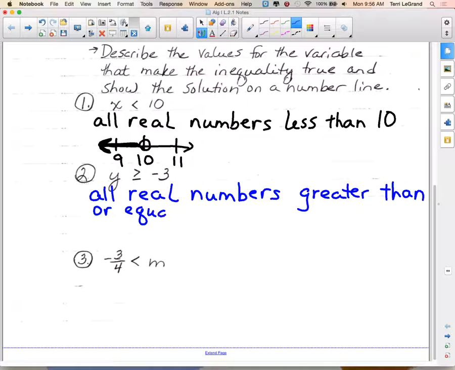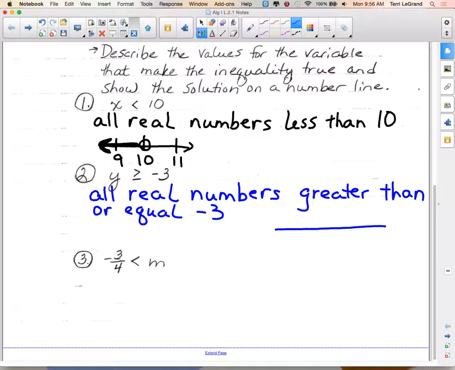Yes, we are writing these out in full-fledged words. All real numbers greater than or equal to -3. Any solution is from this set: all real numbers greater than or equal to -3.